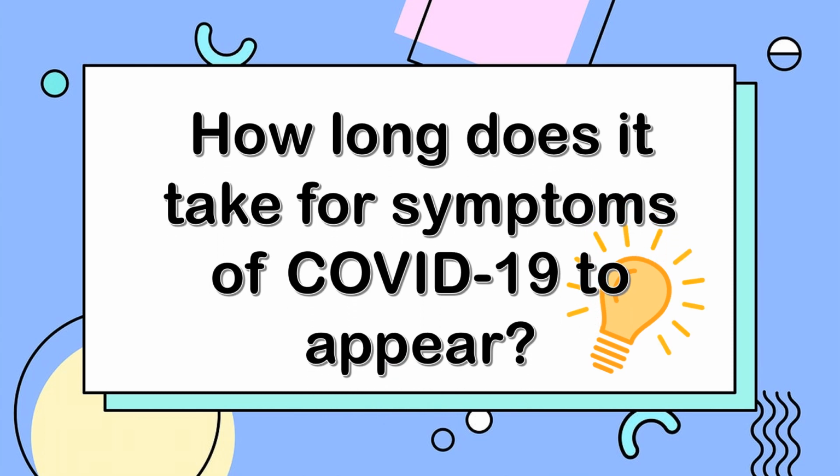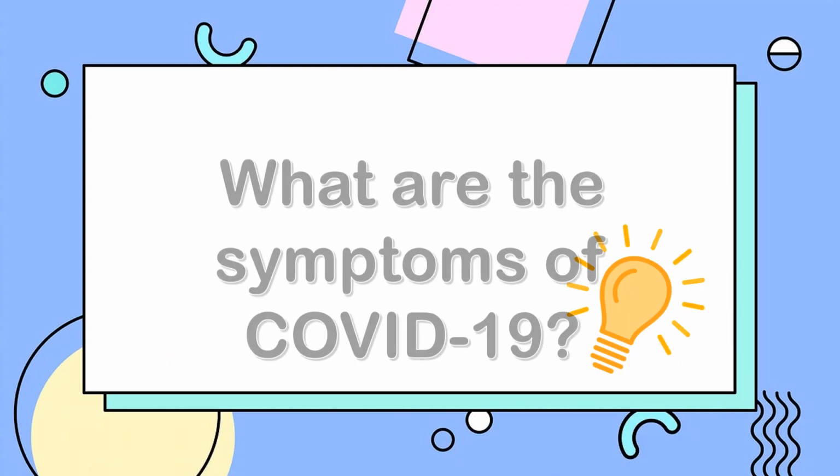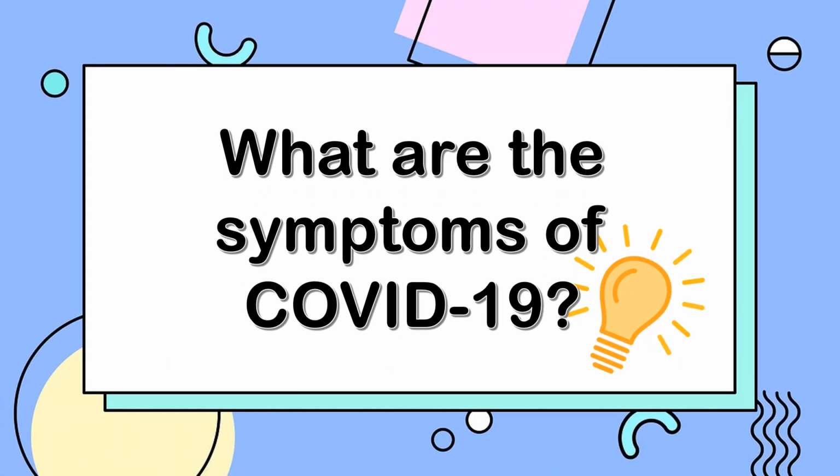How long does it take for symptoms of COVID-19 to appear? Symptoms of COVID-19 typically appear 2 to 14 days after exposure to the virus. So what are the symptoms of COVID-19?